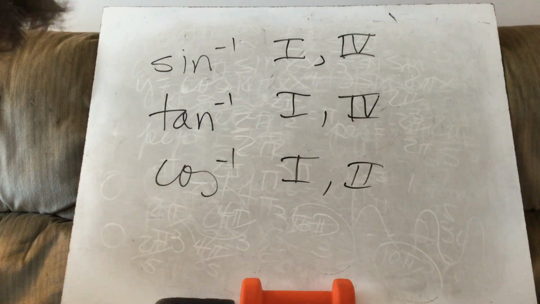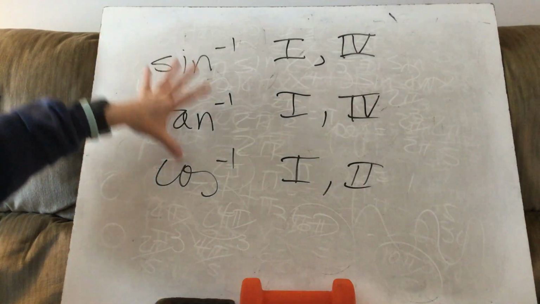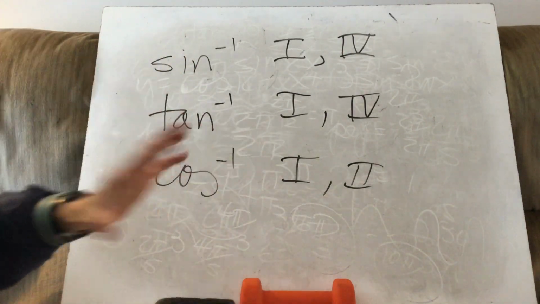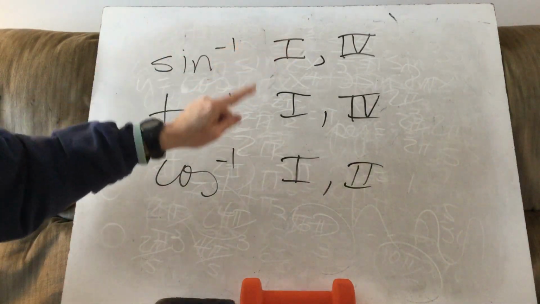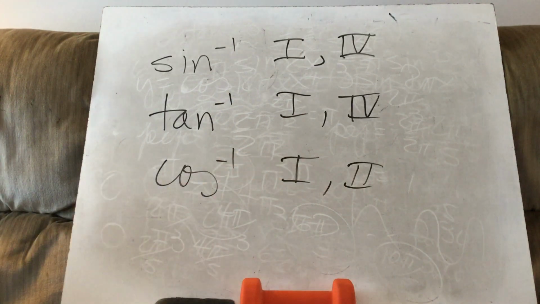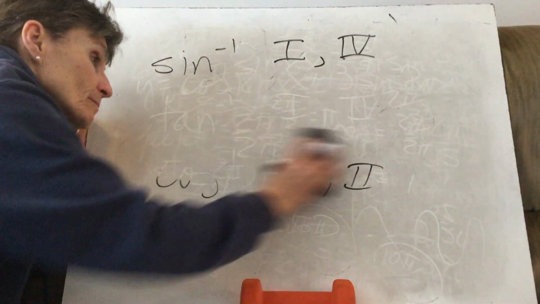So to be clear, to make sure everybody understands what I'm saying, when you have problems like these in 4.7, number 1, where these notations are there already, you're going to draw triangles like you always have, but you're only going to draw them in these quadrants. Okay, so we got that written down. First problem is a sine problem.